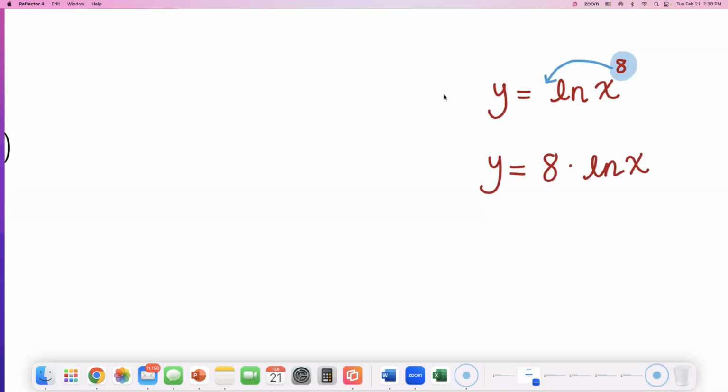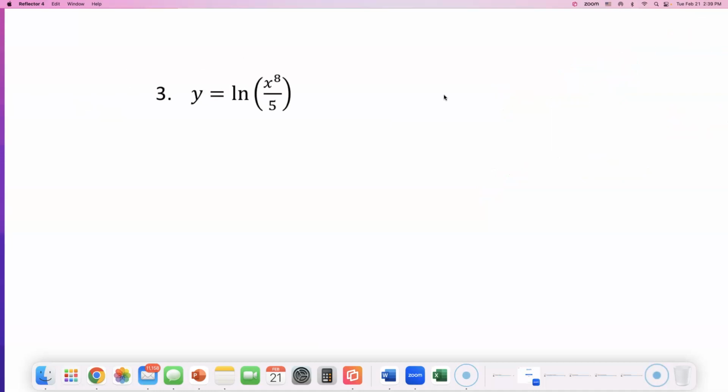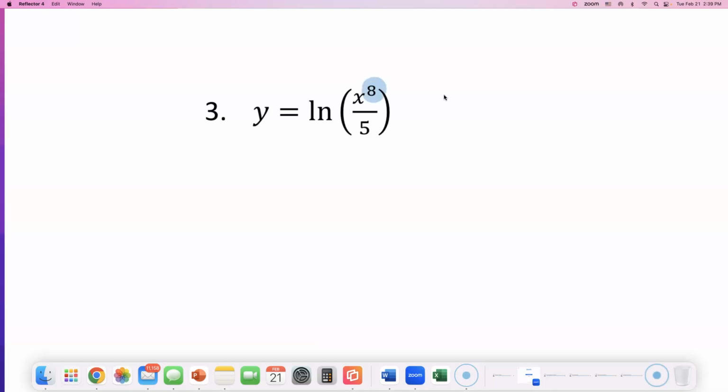That's one of the log properties that you talk about in pre-calculus class, but I want to use that in this problem right here. I want to bring that 8 down to the front because x is getting raised to the 8th power, and this is in the log argument. You don't have to if you didn't realize that, but I think that's going to save us lots of time.